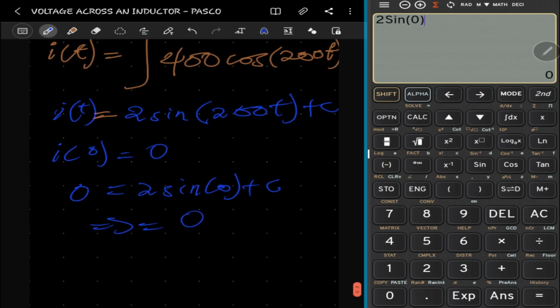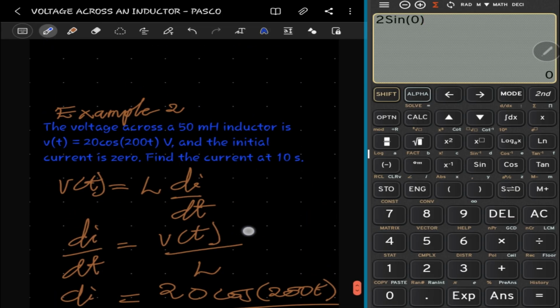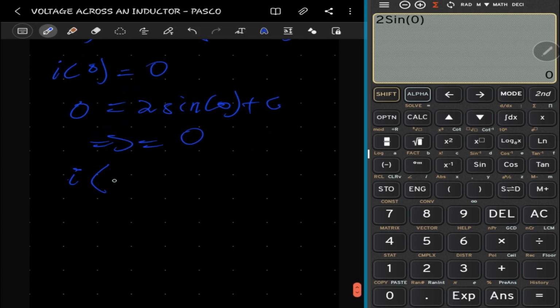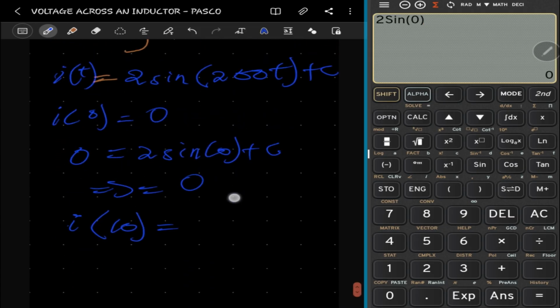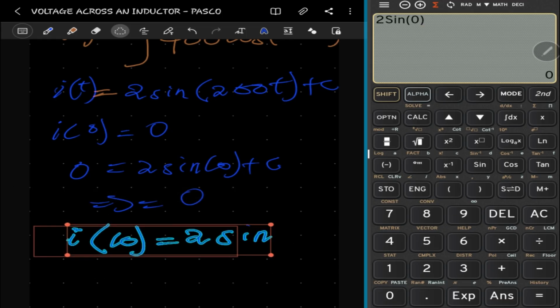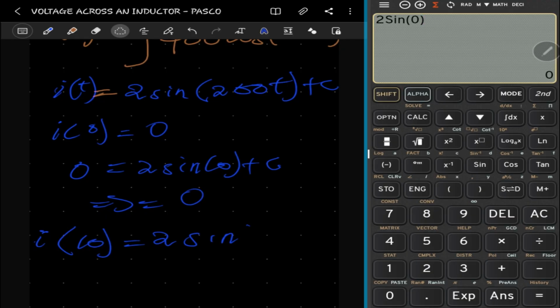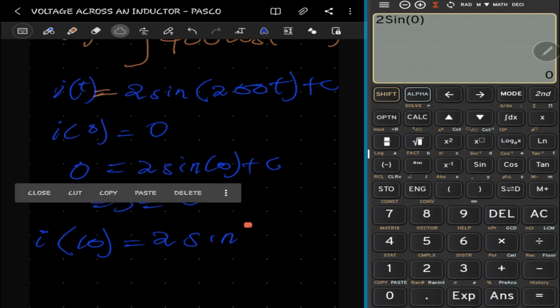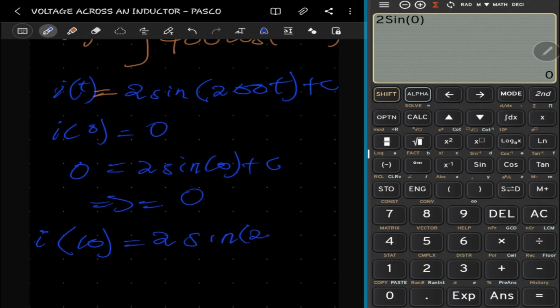So if c is equal to 0, the current at, it says we should find it at 10 seconds. So current at 10 is equal to 2 sin(200 times 10), right? We know the time that we are looking for, at 10.